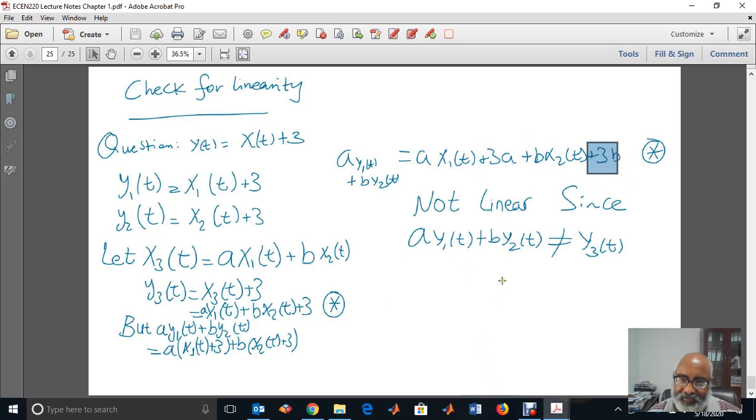So this system is not a linear system, so it will not be an LTI system either, because an LTI system should be both linear and time invariant. So one of the properties is not fulfilled, which means the LTI property is not fulfilled.